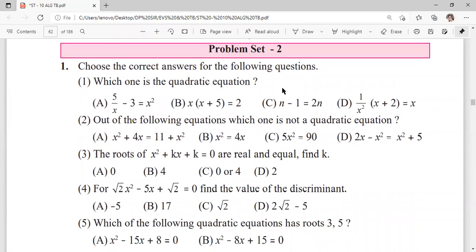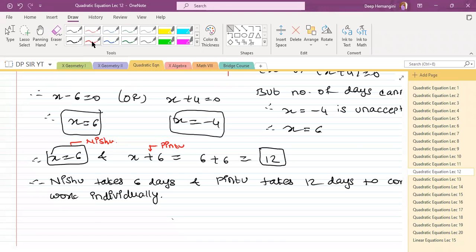Shall I paste it in OneNote so that we have a record? So let me just paste at least this much of the part of MCQs so that we have a practice of solving MCQs. Since our paper is an MCQ paper, I want you all to have a habit of solving MCQs. At present, it's running online, so MCQ है. बाकी board तो offline होएगा तो descriptive ही होएगा.